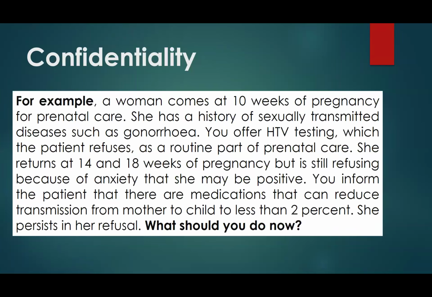She returns at 12 and 18 weeks of pregnancy, but is still refusing because of anxiety that she may be positive. You inform the patient that there are medications that can reduce transmission from mother to child to less than 2%. She persists in her refusal. What should you do now?